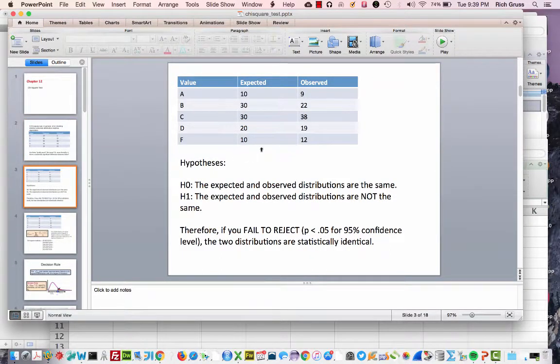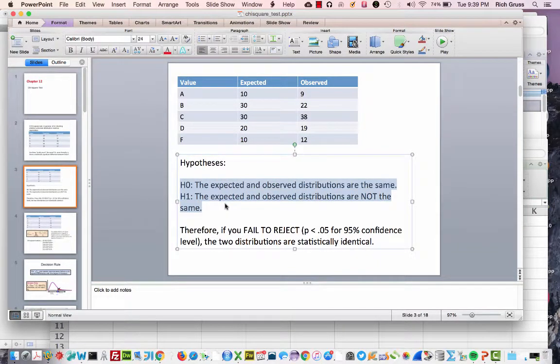We've been doing hypothesis testing, so they know the idea of null and alternative hypotheses. With the chi-square test, the null is that the expected and observed are the same, and the alternative is that they are not the same.